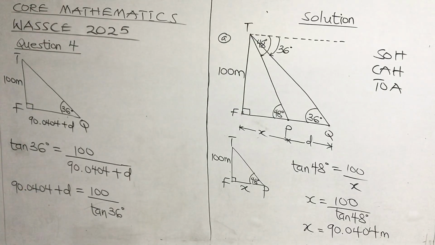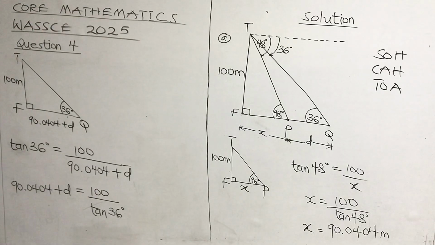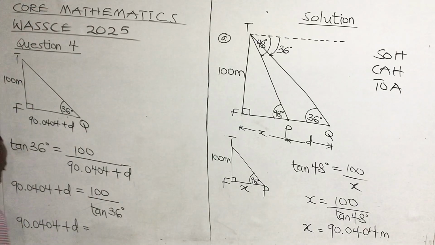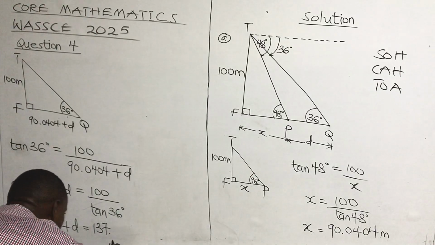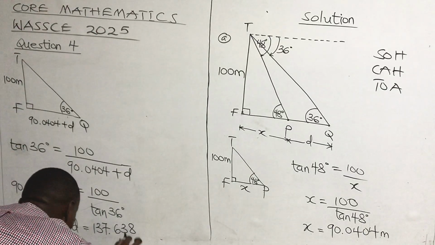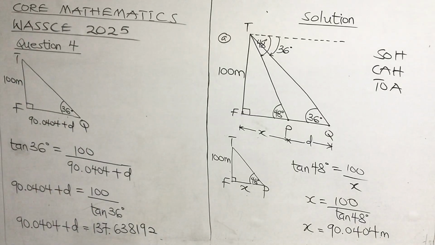So now let's look at the value we are going to get for 100 over tan 36. So what did you get from your calculator? So for 90.0404 plus d, and 100 over tan 36, I had 137.638192. This is the value I had.